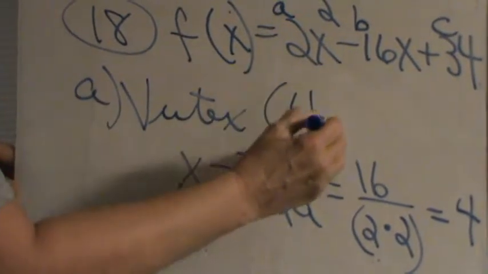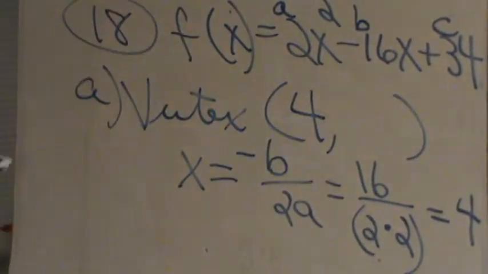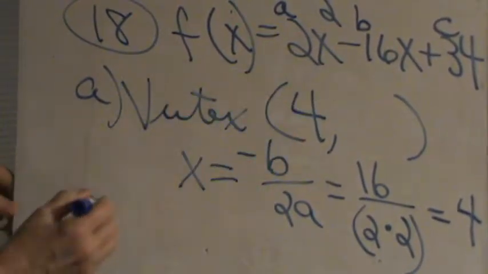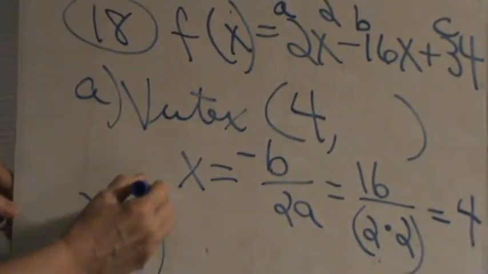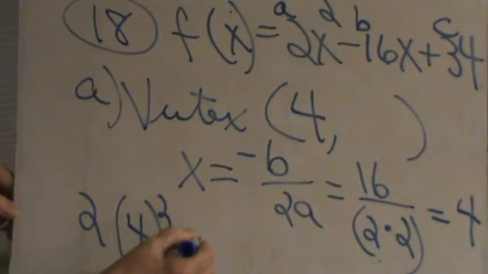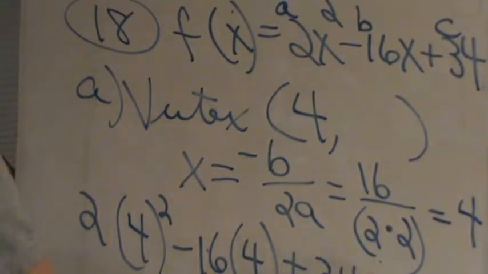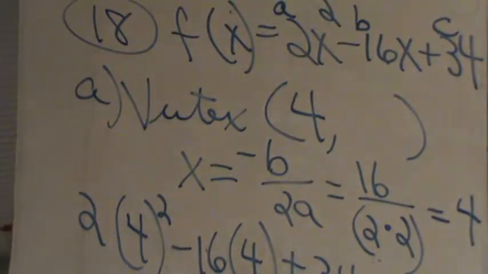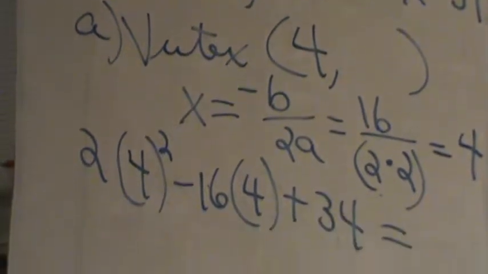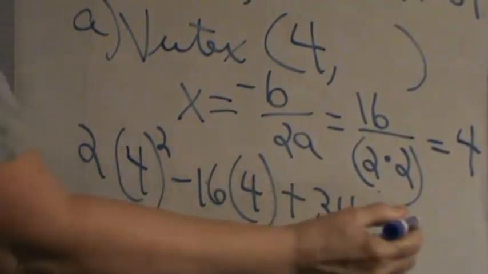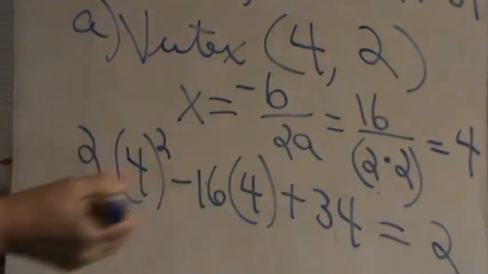The vertex is 4 comma something, and you find that y value by putting the 4 in for x, using your calculator. 2 parentheses 4 squared minus 16 parentheses 4 plus 34, and you'll get 2. So the vertex is 4, 2.